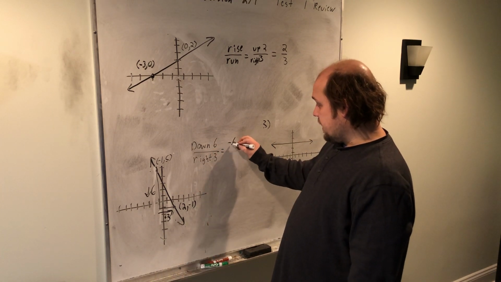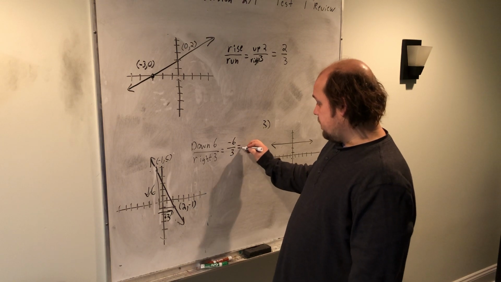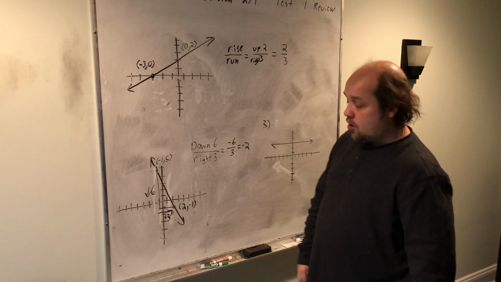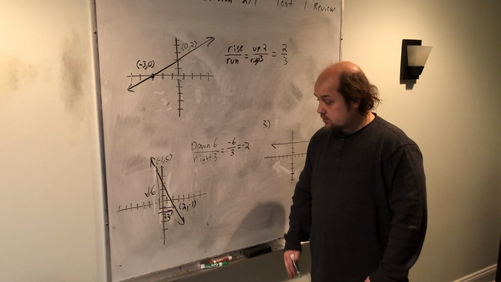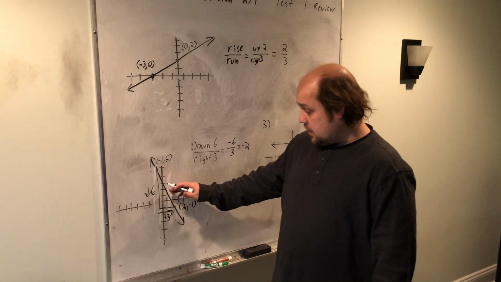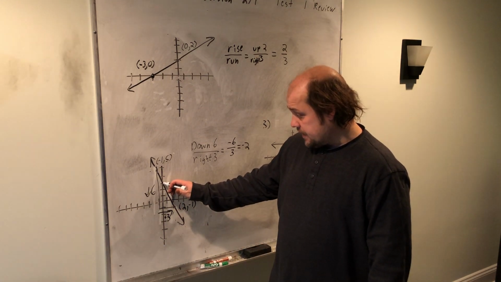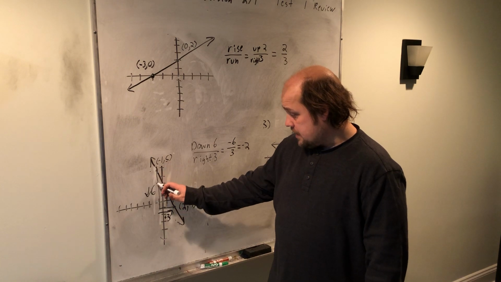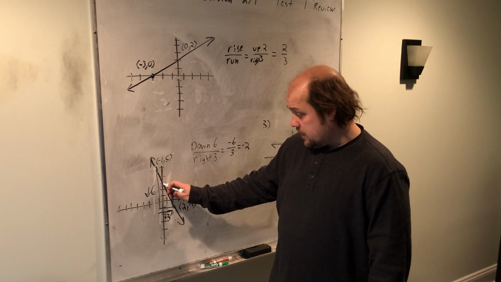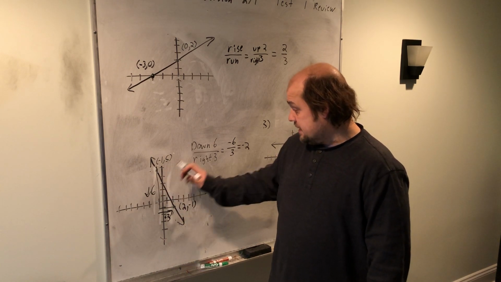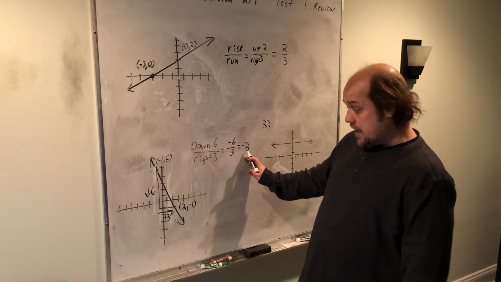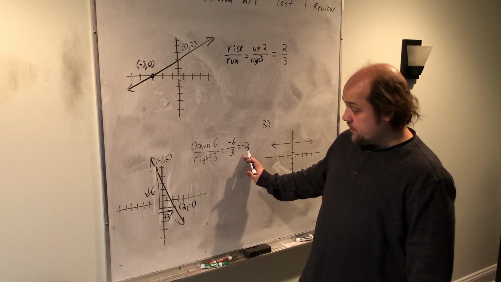Down 6 is -6, right 3 is +3. So this has a slope of -2. You can also see that if I went to this first point where it intersected, here I went down 2, right 1. This point, down 2, right 1, would have gotten me to that same slope of -2.